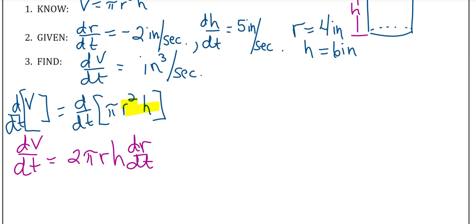Okay, that's for taking the derivative of r with respect to t. And then plus, I'm going to keep my pi r squared, and then the derivative of h is going to be dh/dt.